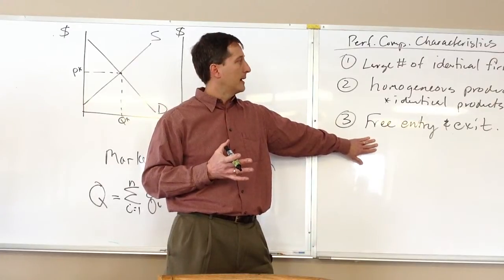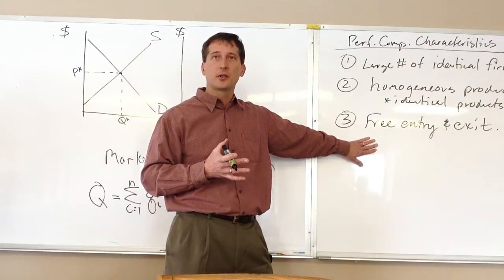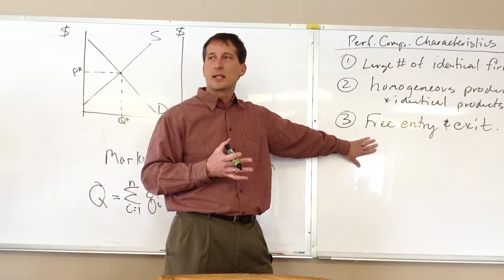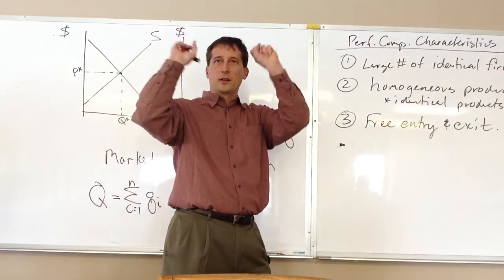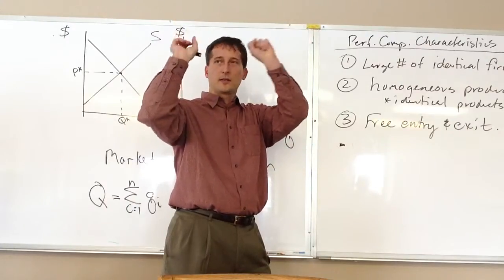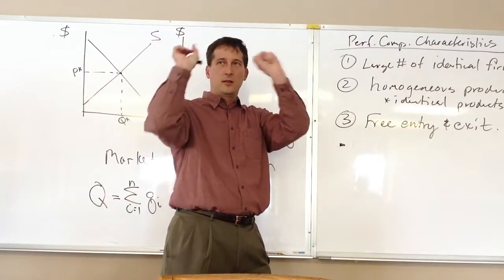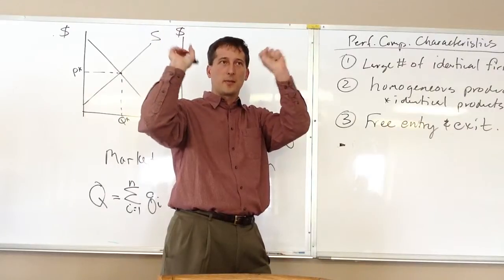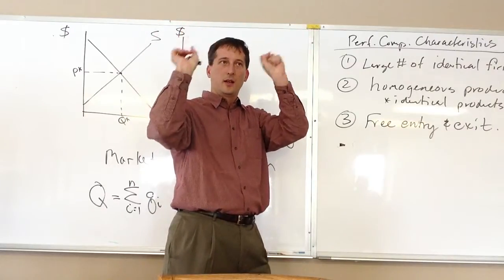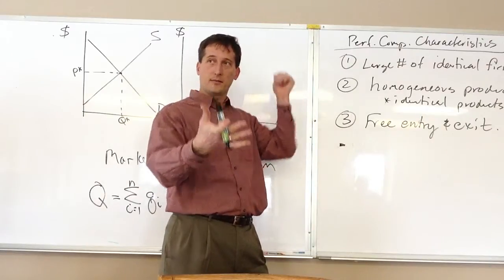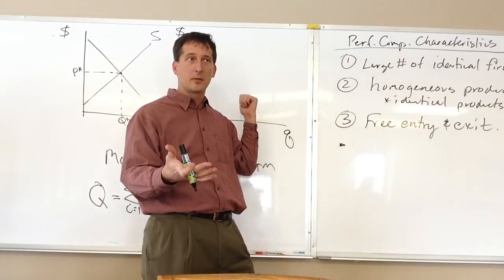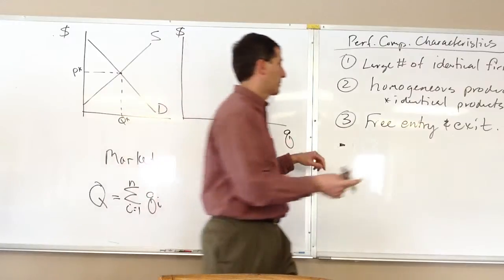You remember some consequences that condition led to? It was easy for firms to get in and out, and you can think back to profits. There's no economic profit, right? So free entry and exit caused the long run equilibrium expectation of zero economic profit.